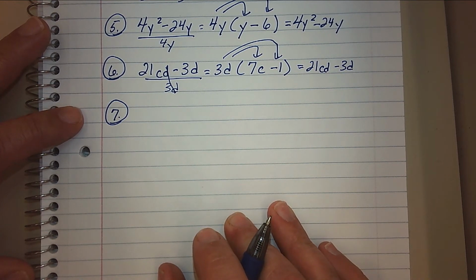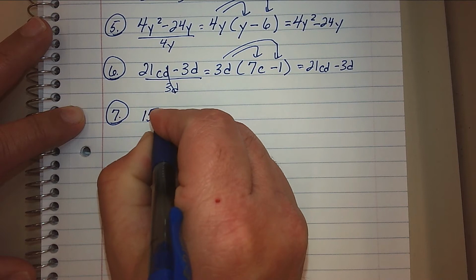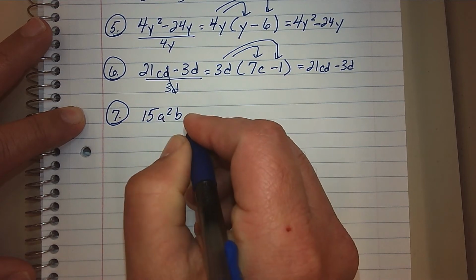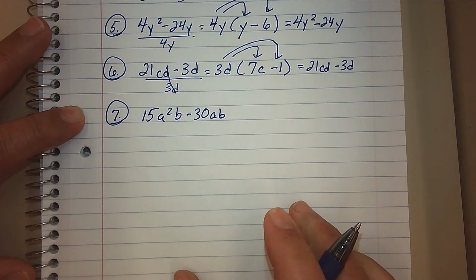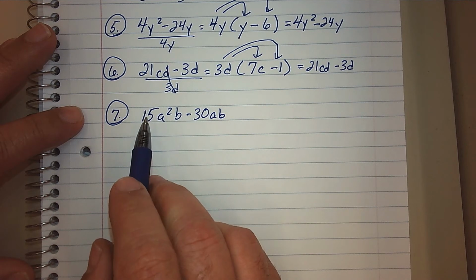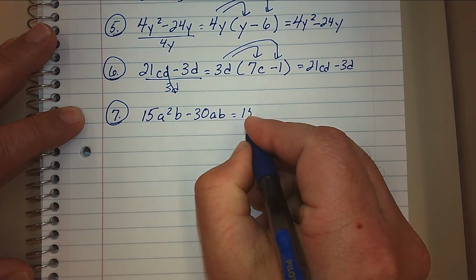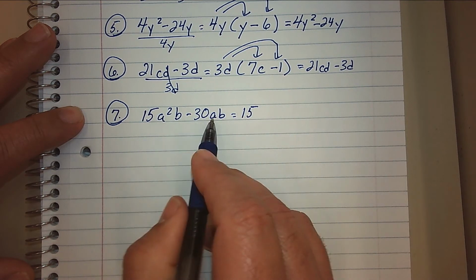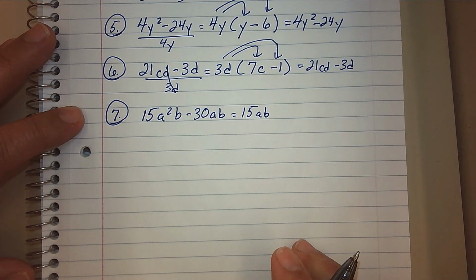Okay, so let's get a little bit more complicated. Let's say we've got 15a squared b minus 30ab. Now, the first thing we see is, 15 can go into both of these. So I know I'm going to factor out 15. And since they both have ab, then I'm going to factor out ab also.